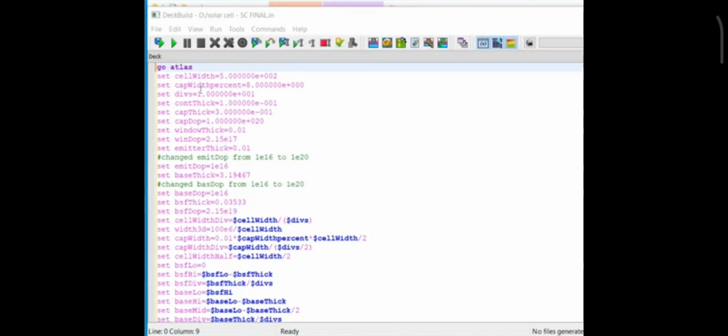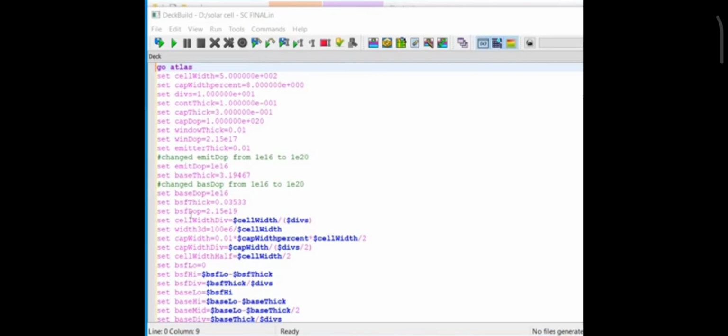cap width, percent, division, thickness, cap thickness, window thickness, window doping, emitter thickness. Next, I have defined the emitter doping with the set statement, emitter doping 10 raised to the power 16, base thickness 3.19467.